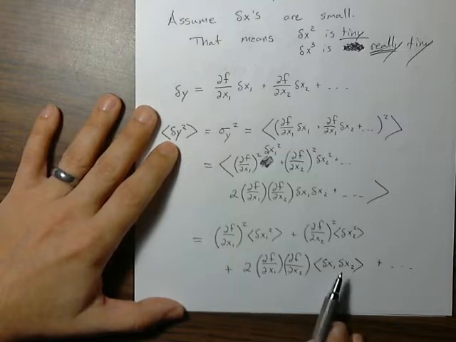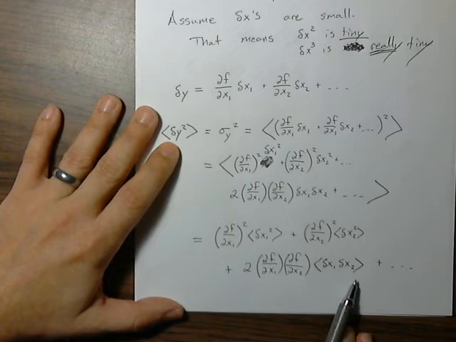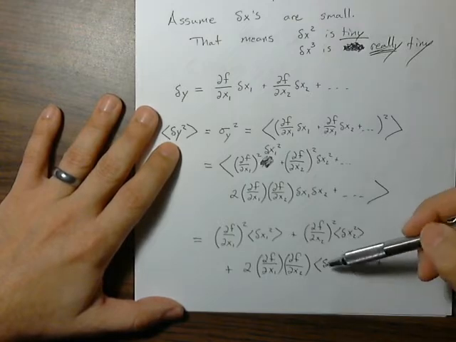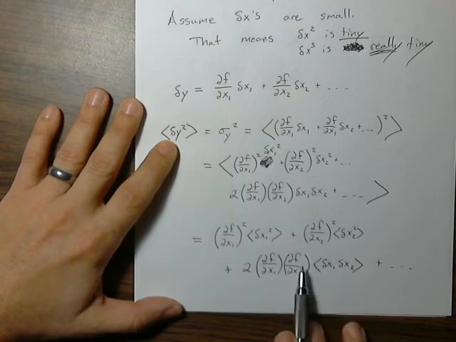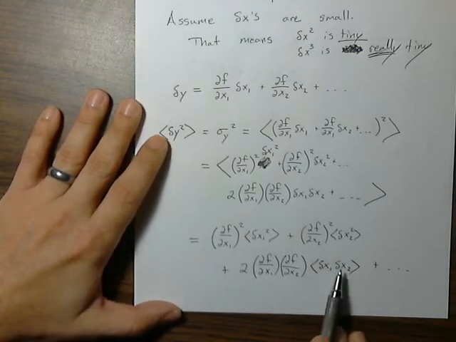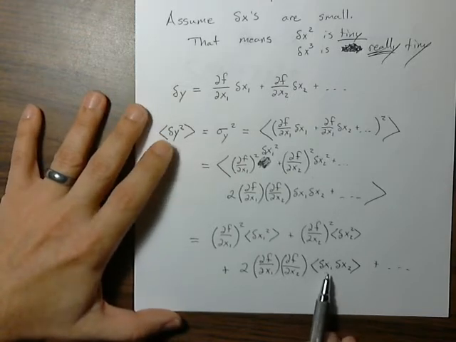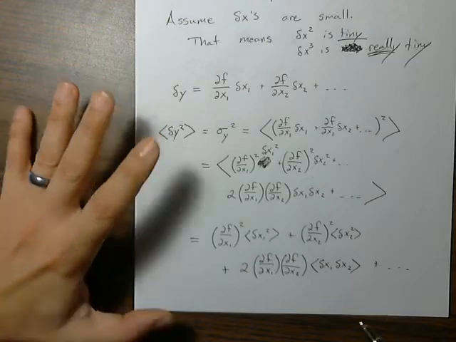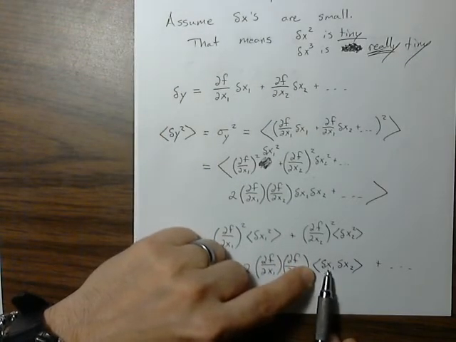This is a very special term. This is something called covariance. So the expected value of the multiplication of changes in two random variables quantifies how much they vary together. So let me lay out an example for you. So let's say we knew that x1 was increased by +1.